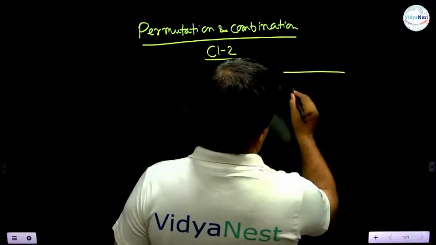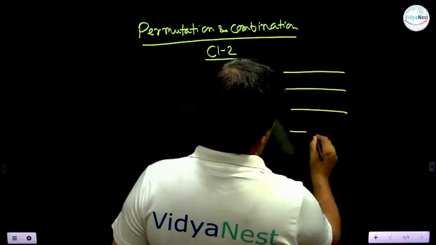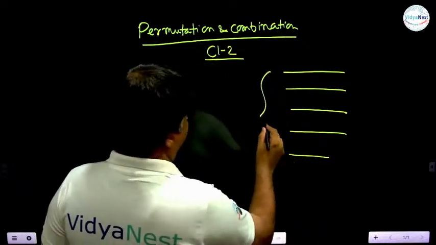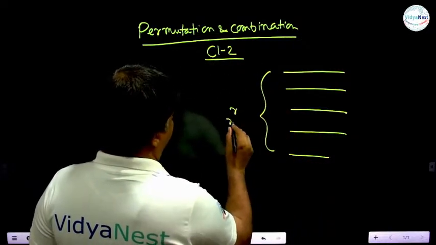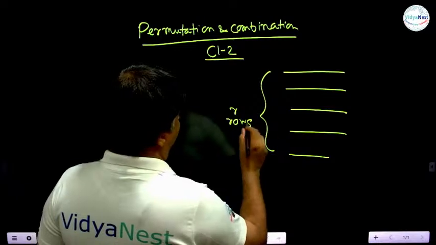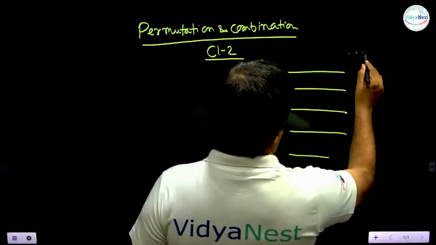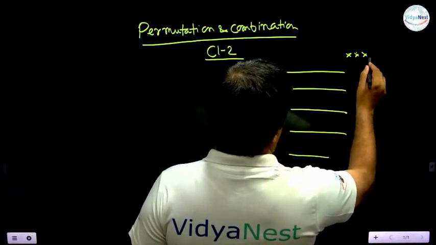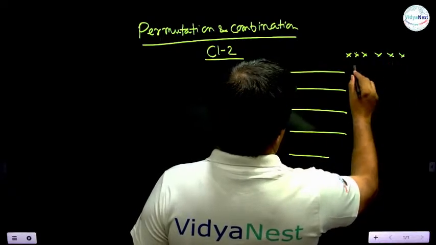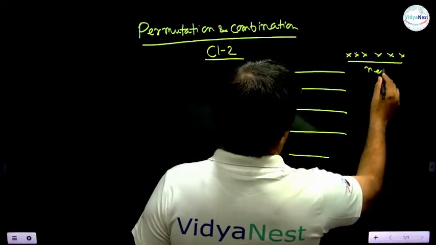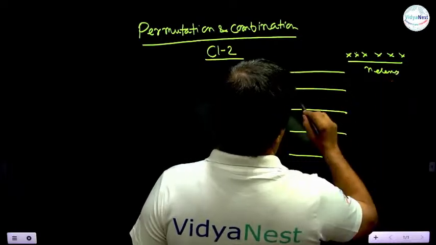Repetition not allowed means, suppose there are r number of rows and n elements.